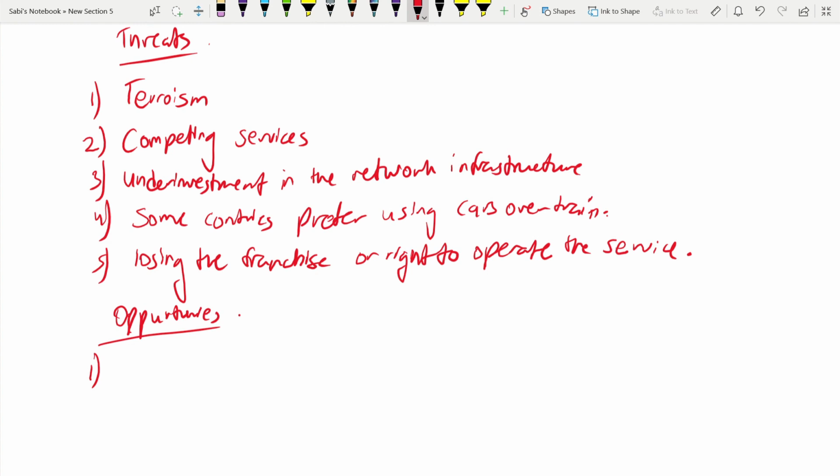Because cars, we know, cause pollution, and traffic congestion is there. So in that case, train service can give you that opportunity. Maybe there's a tax on cars. Carbon emission tax is there. So train service, you don't have to. So environmental concerns and regulation.